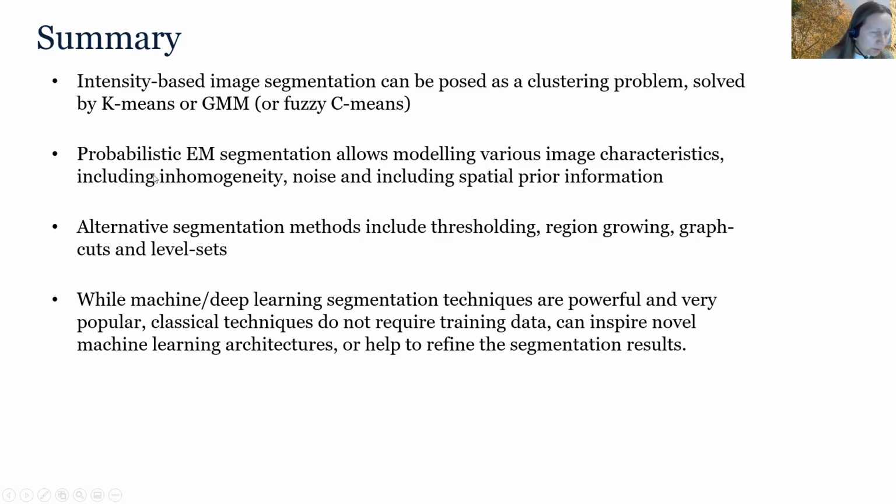Next, we covered probabilistic EM segmentation, and we saw that it allows us to model various image characteristics such as inhomogeneity, deal with noise, or include spatial prior information, like telling us where the individual structures that we want to segment are located.